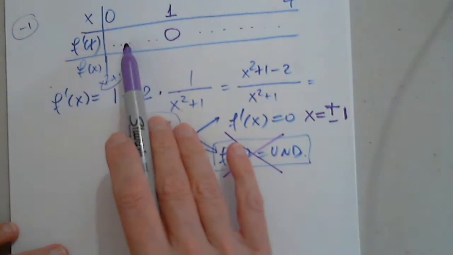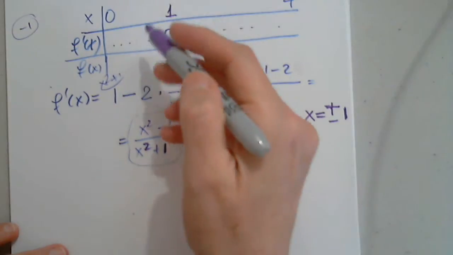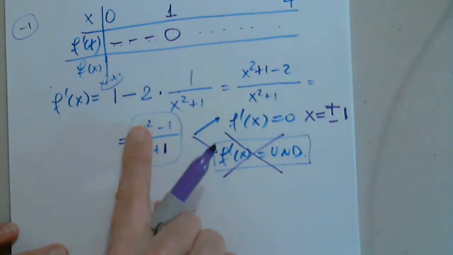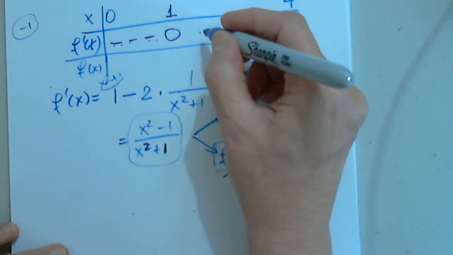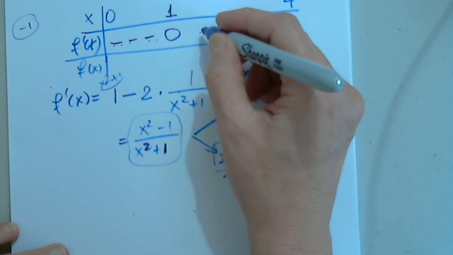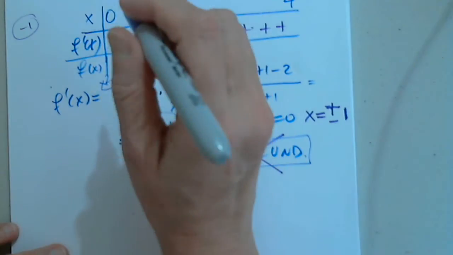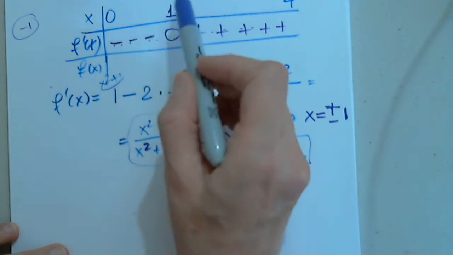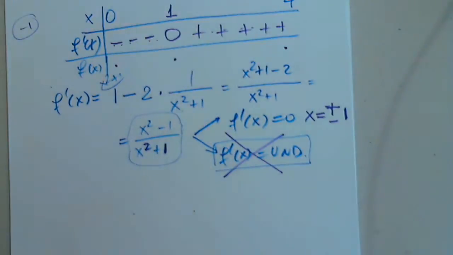Doesn't matter. When 0, it's negative. Very good. Indeed, it's -1 over 1. And on this side, positive. At this point, I put this function in the graphing calculator, and I have to determine these 3 values. And then we will make a decision.